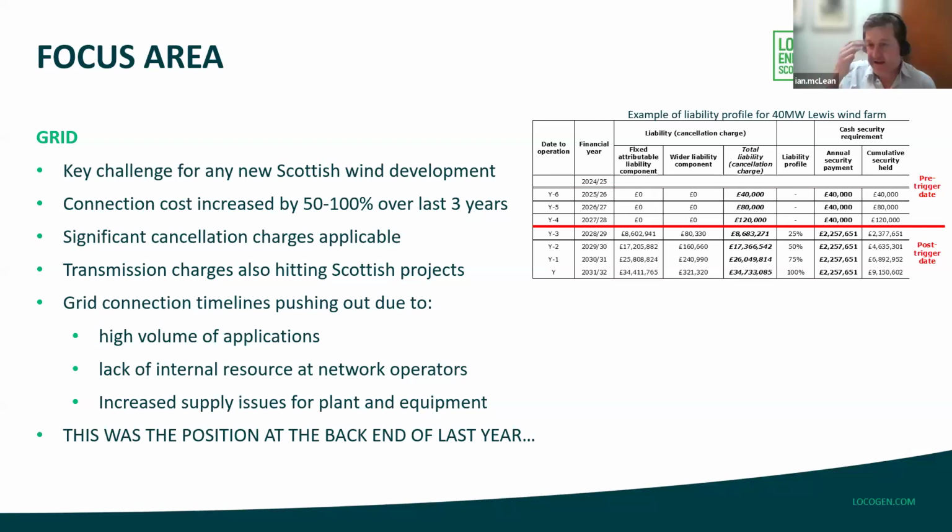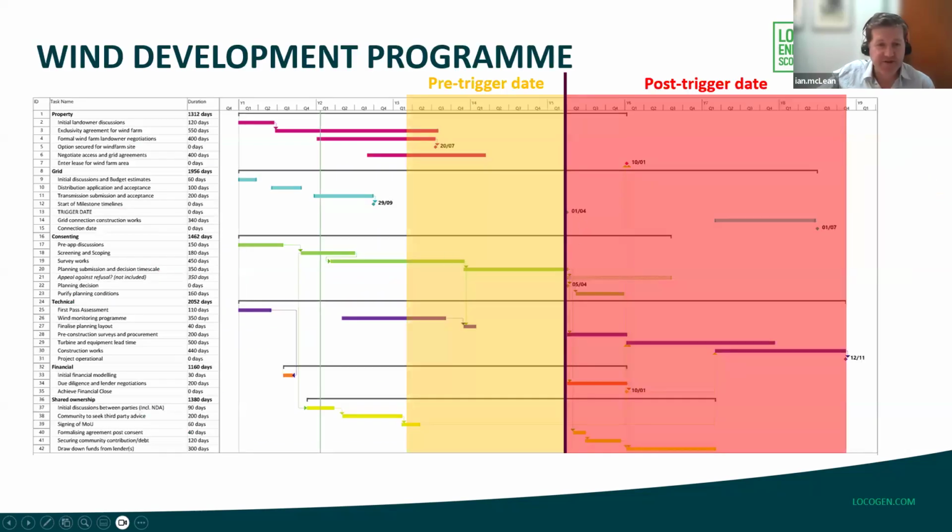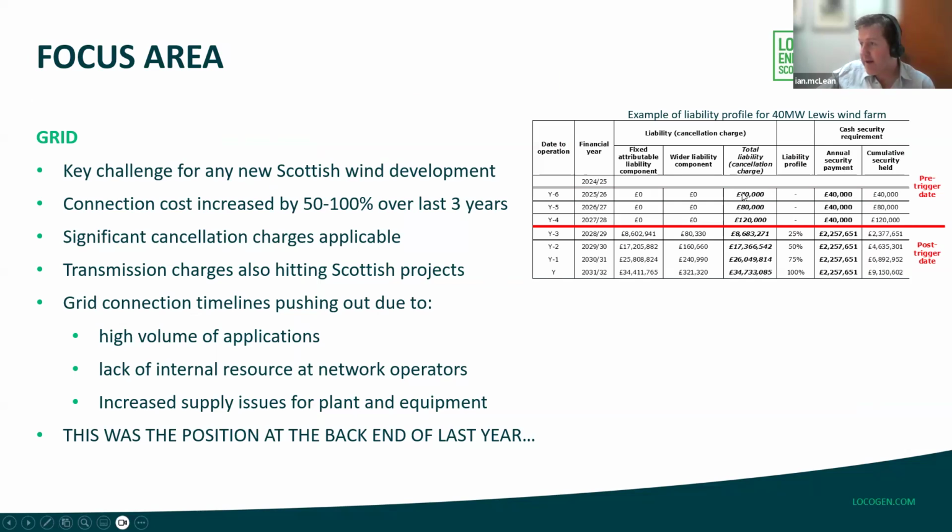As discussed before, you have these significant cancellation charges which are applicable to larger projects where there are transmission reinforcement implications. Sorry, so you can see here a project's cancellation charges in the run up to this trigger date. In the year before trigger date, you might need to post a security of £120,000 with the grid operator.